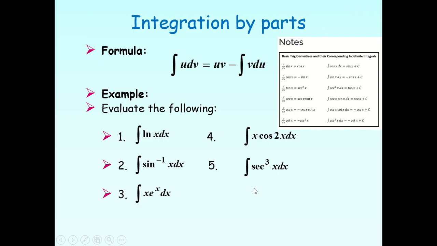So going back to our example, example number one, we have the integral of ln x dx. So how are we going to solve this? If you recall all those concepts that we had discussed, and also the examples that we have solved, this example number one is really very different.